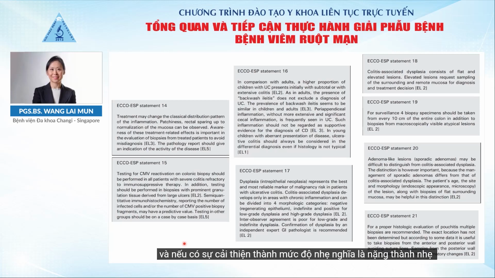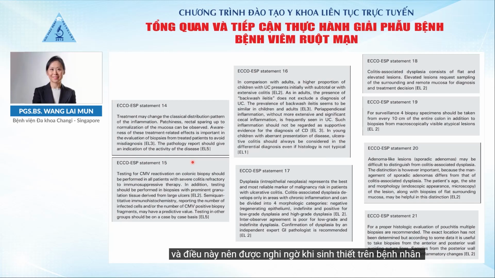And if there's improvement from severe to mild, the clinician can choose to make the patient stay on the same drug, but just step up or change the dose. So that's where your report is extremely useful in helping the clinician decide on the management pathway. Position statement 15 deals with CMV reactivation in ulcerative colitis.